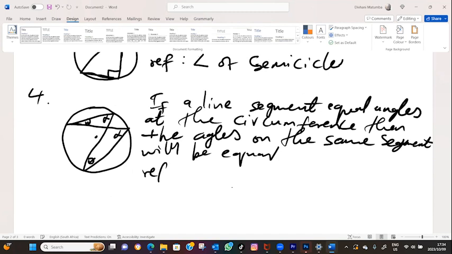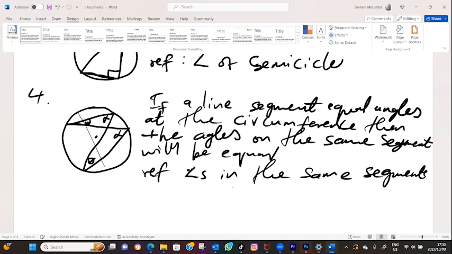So the reference will be angles in the same segment. If you want to check where the segment is, this portion, this is a segment. And this one is also a segment.